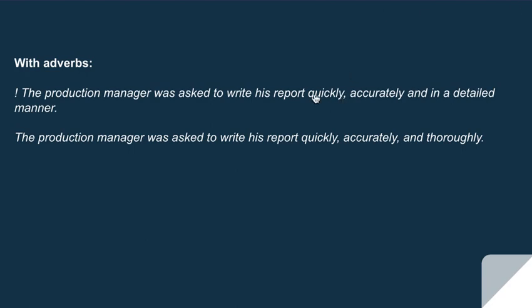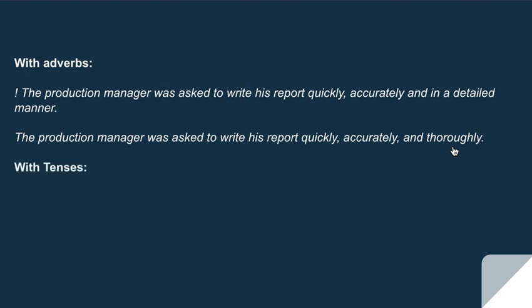Since this sentence starts with an adverb and another adverb, and then goes on into a different path, it would be better and easier to follow if you continued with adverbs all throughout. Quickly, accurately, and thoroughly, which means the exact same thing.